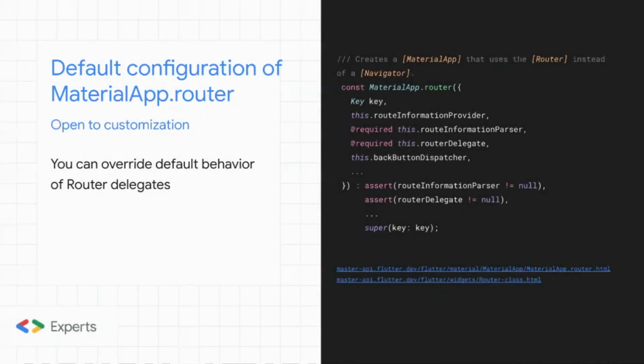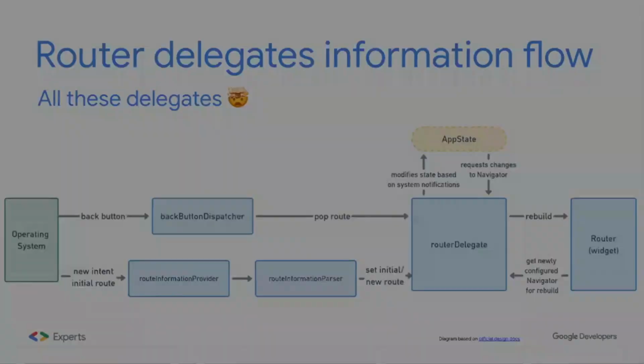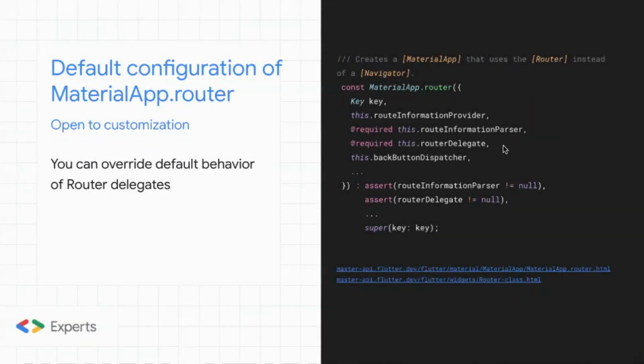Okay, so how to use the router? If you want to use a new router, you just need to use a different constructor for your material app. And this new constructor has a name router. And here are two things that are required. So required is a router delegate, this part that is very close to the router itself, and also route information parser.